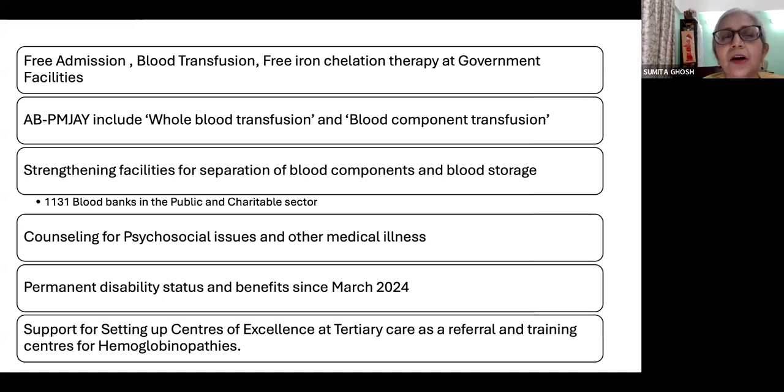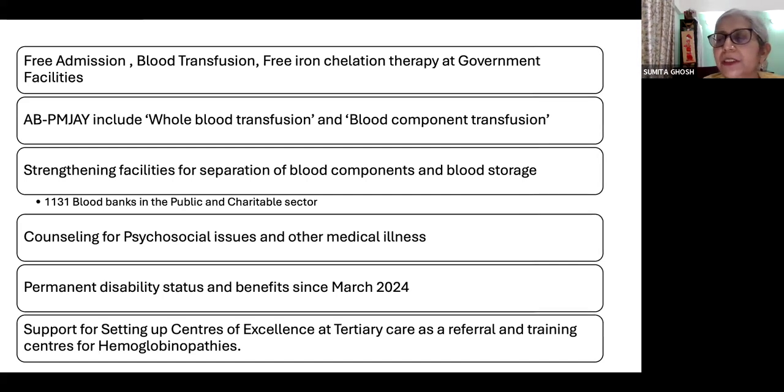The strengthening of blood components and the infrastructural requirements is being supported in the public as well as some charitable sector. Blood banks are being supported from our blood cell division in the NHM. Counseling has been included as a part of management because of the very serious issues they have.